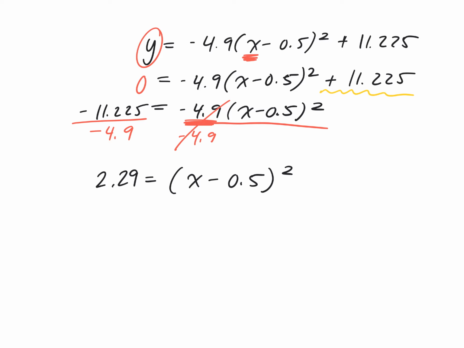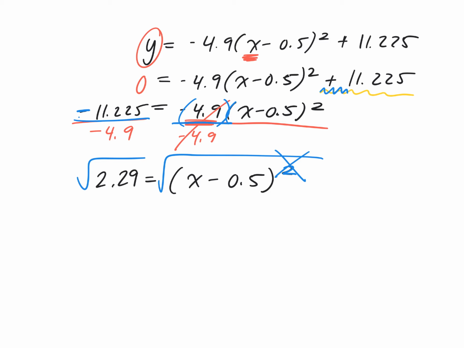Remember, when you're trying to isolate a variable, you're doing the opposite operation. Opposite of positive was negative. Opposite of multiplication was division. What's the opposite of squaring a number? Square root. So if I do square root, that's actually getting rid of the squared. You're undoing the operation, right?